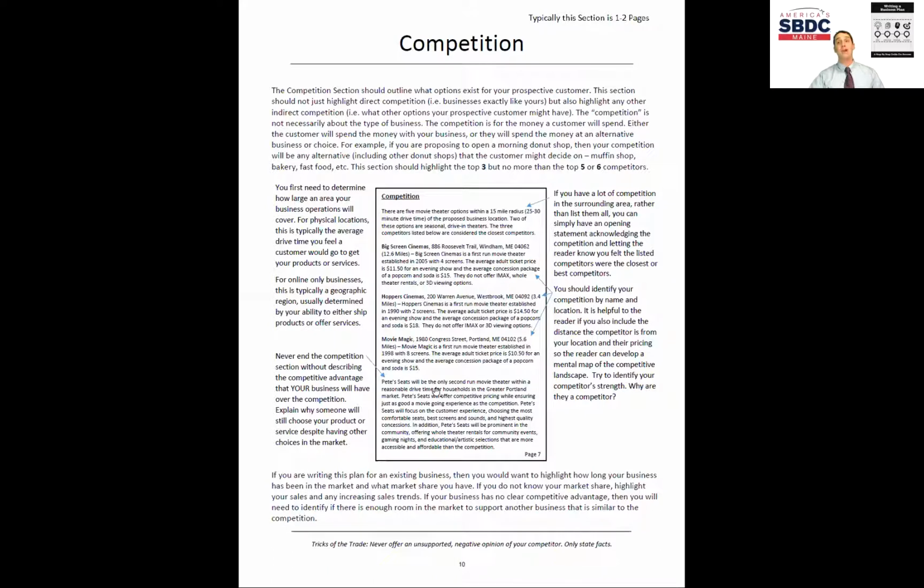And in the example I have online, I highlighted the competitors and then highlighted why people would still want to go to Pete's Seats even after having these other options available. Sometimes the choice is simply based on pricing, sometimes it's experience, but that's what you're really trying to get to: hey, there are people out there doing a job and they're in business, so they're doing something right.